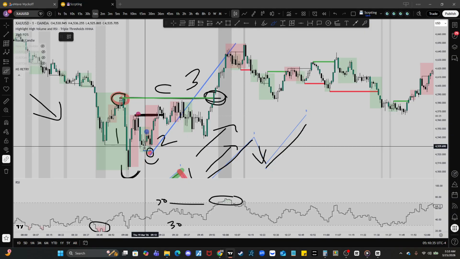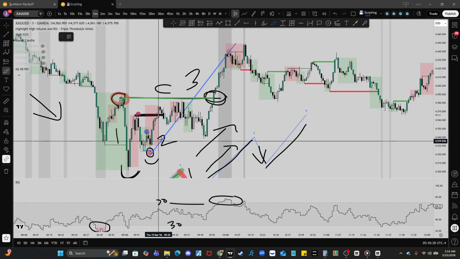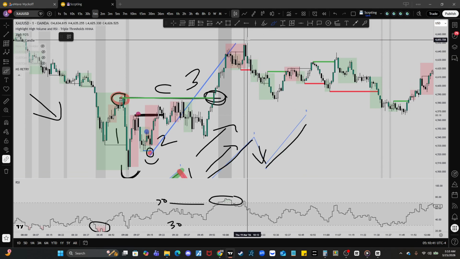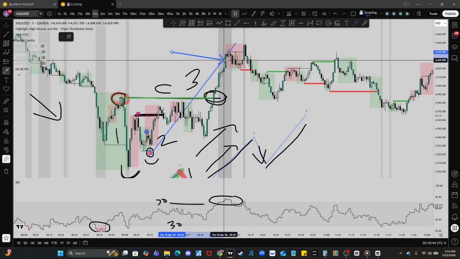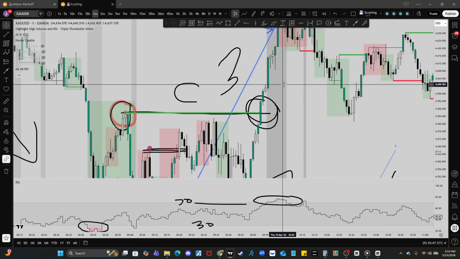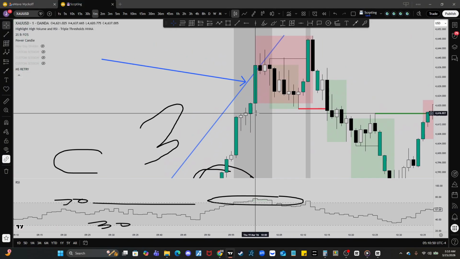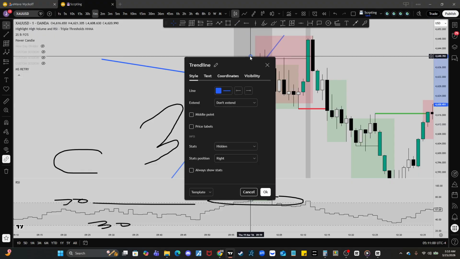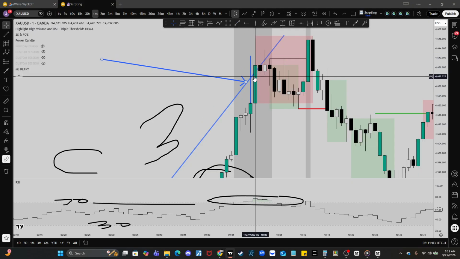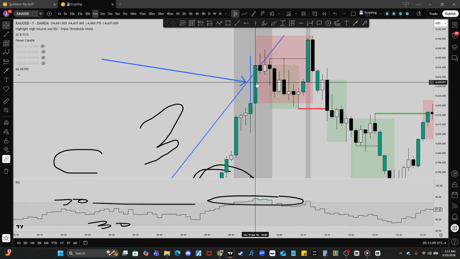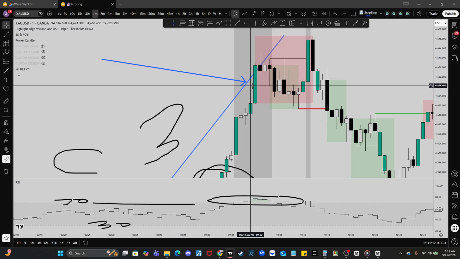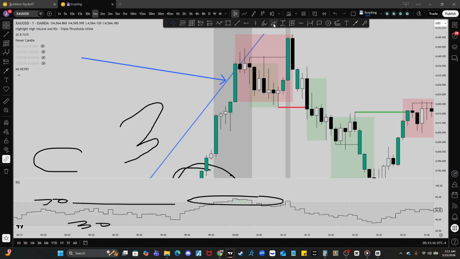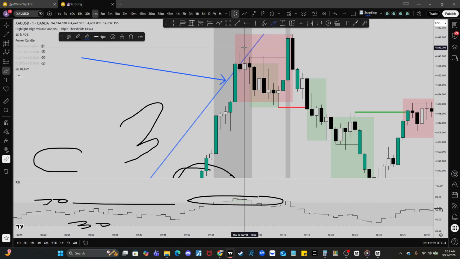And all a market structure shift means to me is, see how this green candle here, let's zoom right in there, is not covered up on the left of it. Directly to the left of it is a wick. There's no wick that's covering it. If this wick was over here, then I wouldn't count this as a potential area for a market structure shift, because this wick would be in the way. But since it's not, since you can see the side of this candle, and then it goes up, the high is crossed over here.